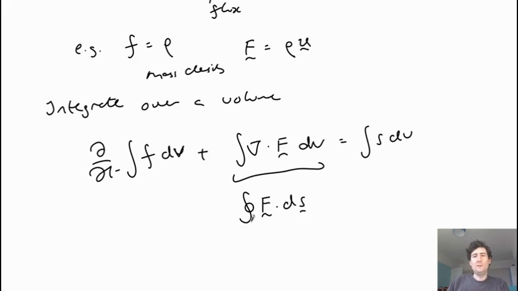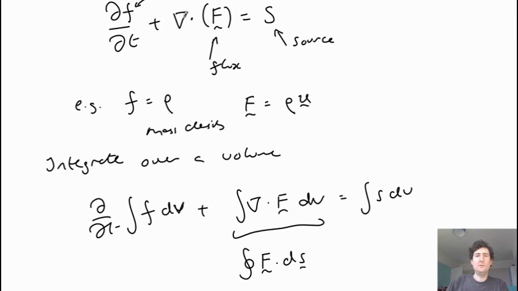By writing this divergence in terms of flows through a surface, we can make sure that this equation is followed, and that the density, for example, is conserved.